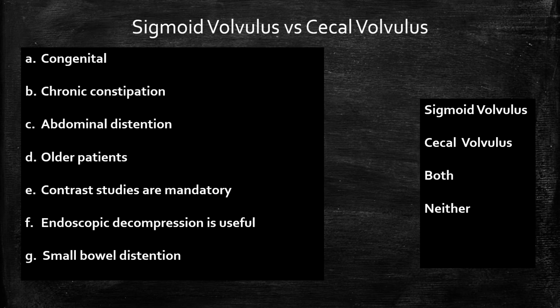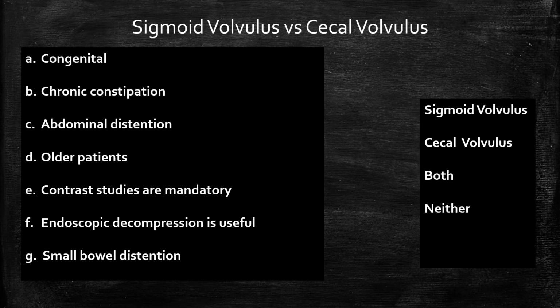Which of these is associated with abdominal distension? And I think the answer to that is clearly both. Just on physical exam, you're not going to be able to distinguish between either of these entities. The sigmoid volvulus is associated with older patients. Do either of these conditions require contrast studies? I don't think so, not anymore. CT scans are so good.